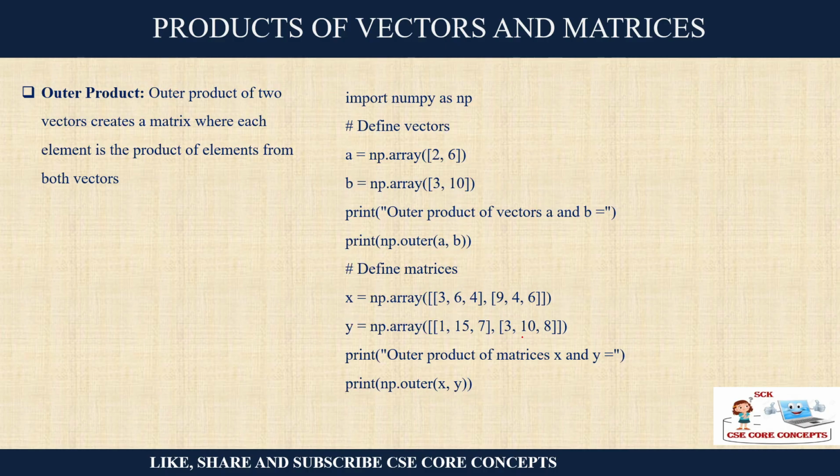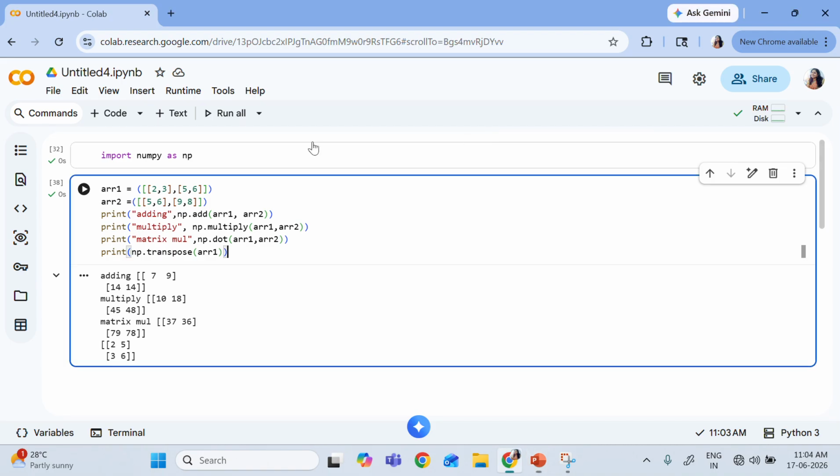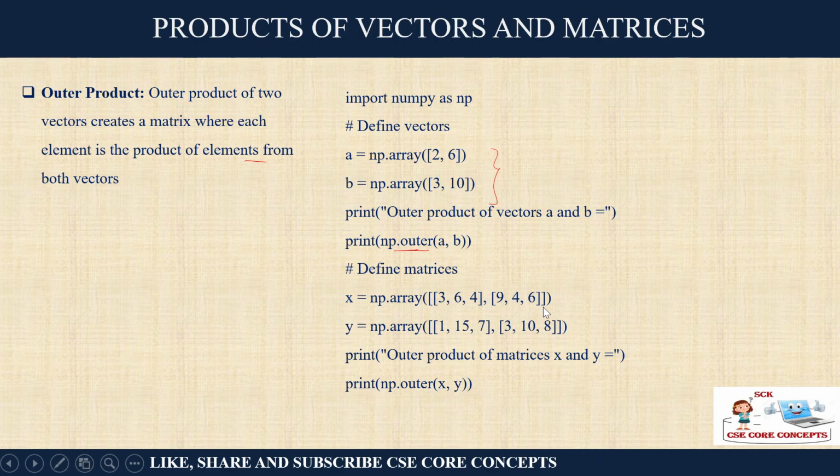The second type of product operation is the outer product. It will create a matrix where each element is the product of elements from both the vectors. So for the outer product, you can use the np.outer function. You can try all this code.